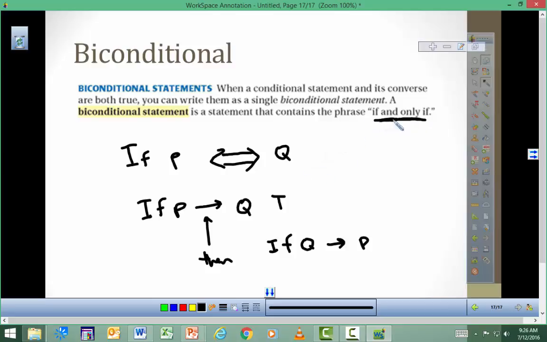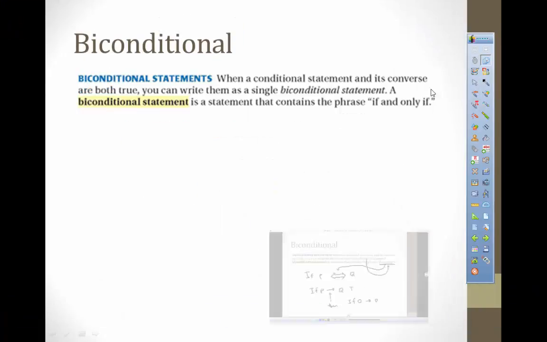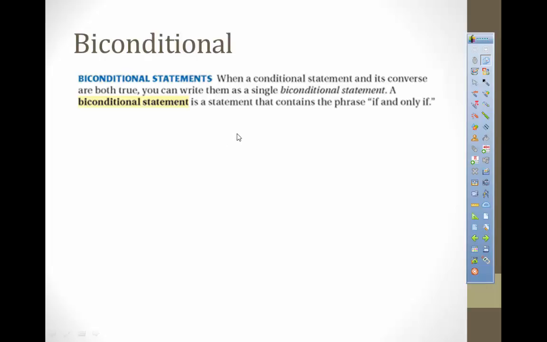And that if and only if means that both the conditional statement and the converse is true. And that's what it says here. When a conditional statement and its converse are both true, you can write them as a single biconditional statement. And that just basically means you're going to write it in terms of if and only if. So that's our final objective in this lesson, is to be able to write a biconditional statement.